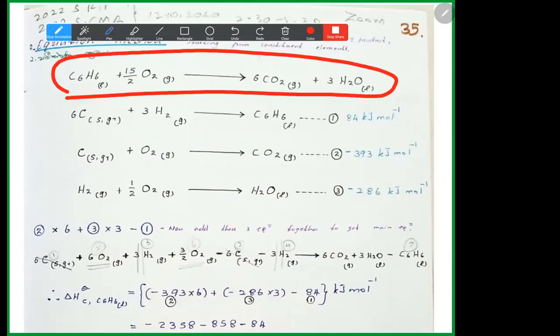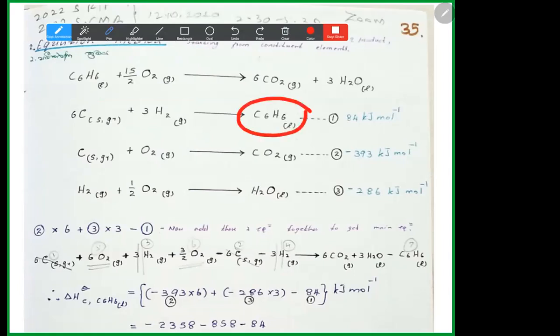And then, since they were given formation enthalpies, I'm going to build up all these equations for different formations. They have given benzene formation, carbon dioxide formation, and water formation. How do you form them? From constituent elements in standard state. So carbon and hydrogen for benzene, carbon and oxygen for carbon dioxide, hydrogen and oxygen for water.